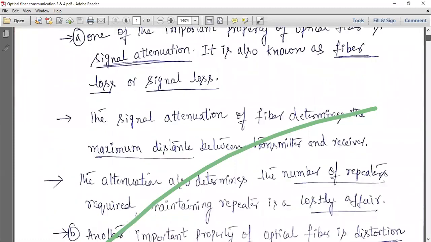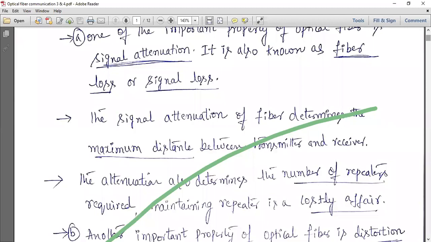what distance your signal travels from the transmitter to the receiver. If you know the distance between the transmitter and the receiver, you can decide where you can keep your repeaters, because if the signal attenuates completely after 1 kilometer, there you need to put your repeaters constantly after 1 kilometer.